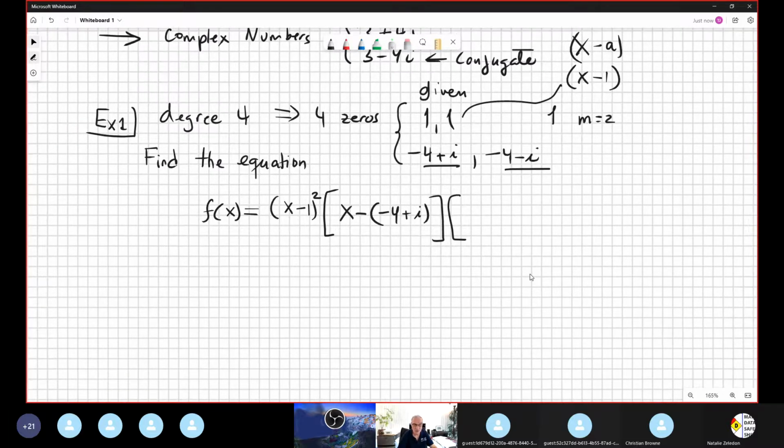You incorporate late, no problem. I understand. x minus negative 4 minus i. So my polynomial function contains two real zeros, which is 1 with multiplicity 2. This is a hypothetical example I create for you to illustrate the idea, and the two complex zeros come like that. Okay, leave it like that?